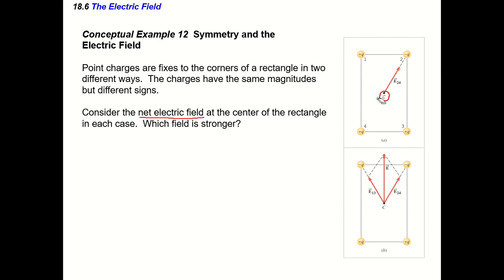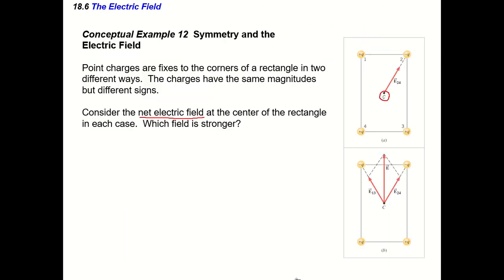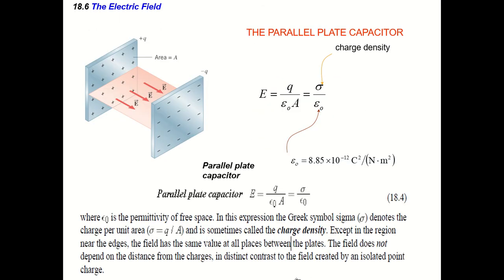Okay, so in this setup we have this result, or if you have this kind of setup, we have this. So which field is stronger? You will know that, class, when we have this example here. But before we go to that example, let us discuss this concept first.